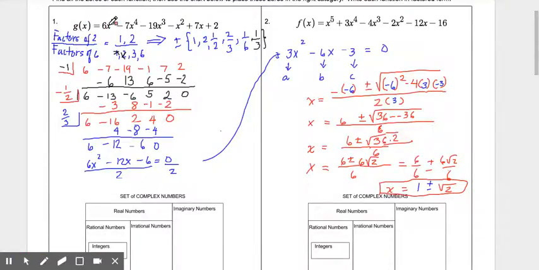We have g of x. Here we know that the degree is 5, therefore we should be looking for 5 zeros, and we actually found 5 zeros. 3 of the zeros are in our list. They belong to the list of rational zeros that we found. So these are the rational zeros. But these zeros look different.